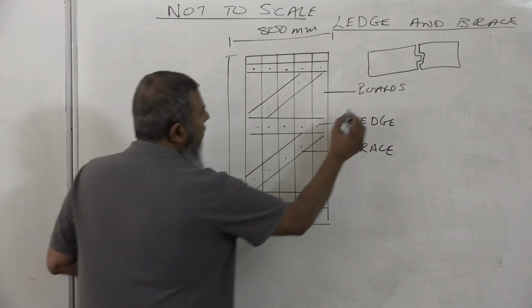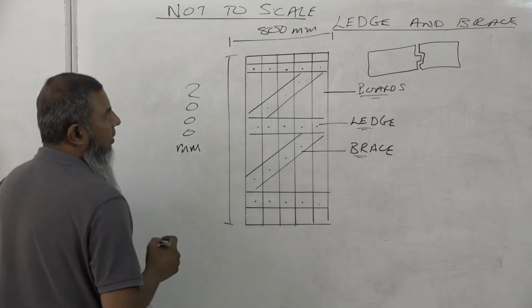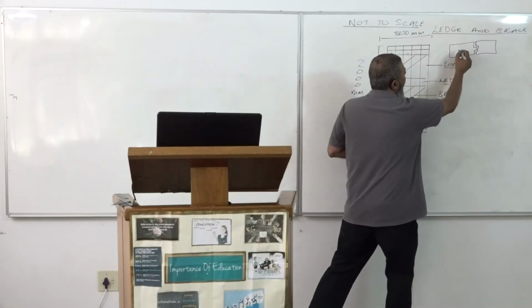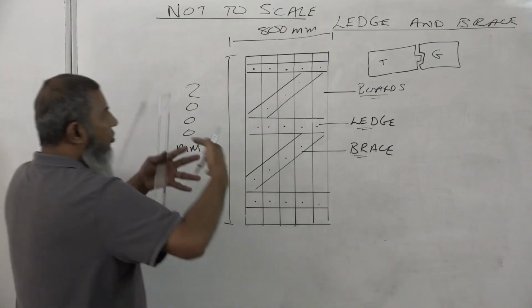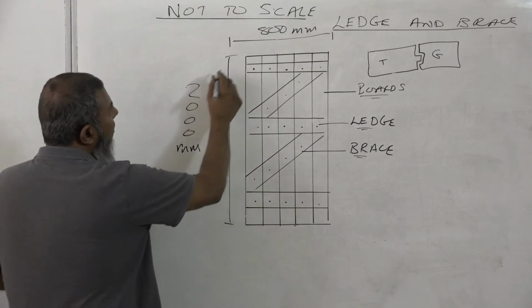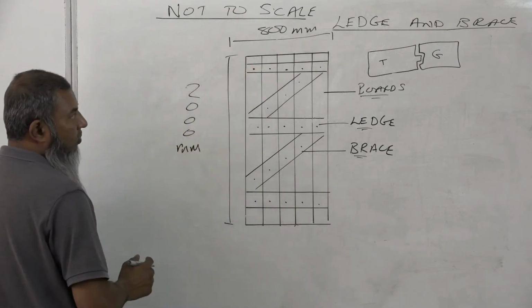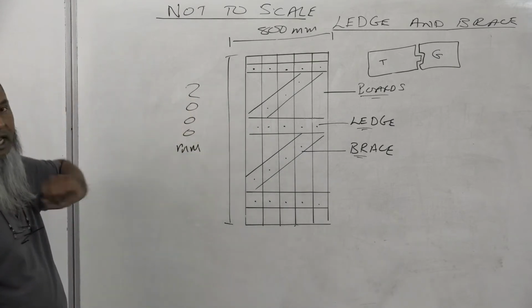So we have our boards, we have our ledge, and we have our brace. If we look at this from the top, it's made out of a tongue and a groove, which join together to form it. The height of the door is normally 2 meters by 800, which is the opening of a door. This is a simple illustration of what a ledge and brace door looks like.